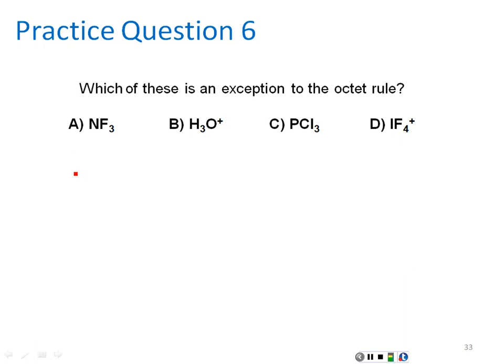So NF3, we've seen that before. I'm just going to draw the Lewis structure, not going through all the steps. If you're uncomfortable with drawing any of these, please come see me and we can work through them more closely together.